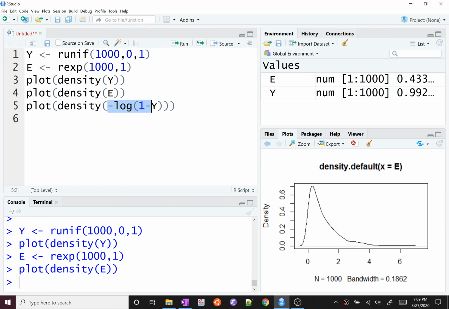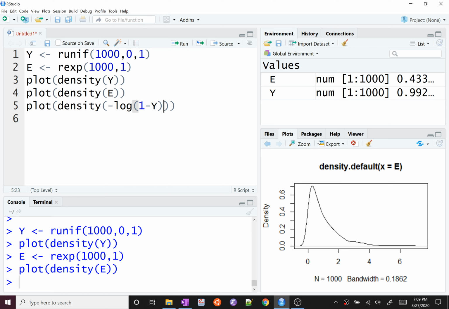And if I want to generate from the exponential 1 distribution, I can use the inverse CDF, negative log of 1 minus y. You can just solve that problem. You know the CDF of exponentials, or you can derive that the inverse of that CDF is negative log of 1 minus y.